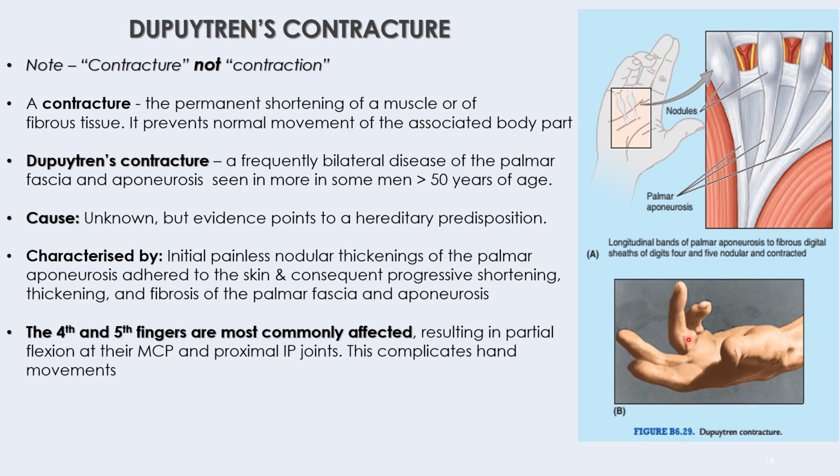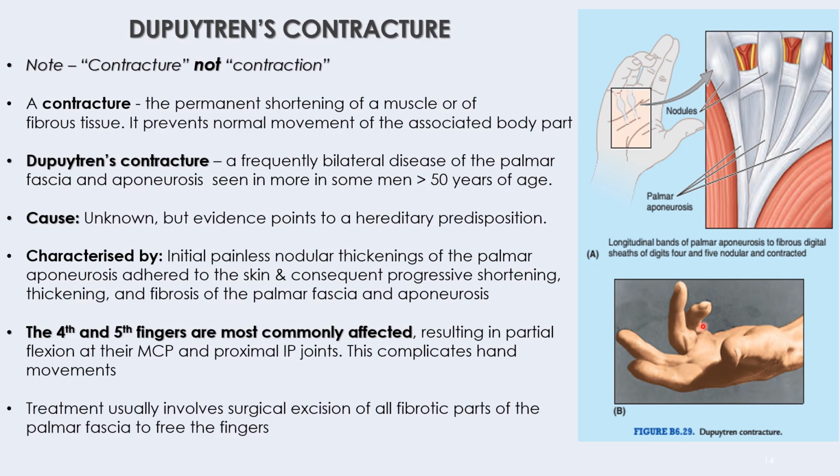Because of the thickening and the shortening of the palmar fascia and aponeurosis in this area, we see that there is now partial flexion at the metacarpophalangeal joint and the proximal interphalangeal joints, and as a result it complicates the hand movements because it doesn't allow the fourth and the fifth fingers to do as many movements as they should, and so some hand movements are quite difficult for these individuals. And usually the treatment involves a surgical excision of the fibrotic parts to free the fingers to be able to carry out those movements that have been impeded.